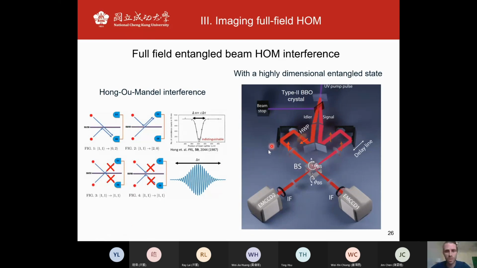I was in Glasgow, but it was in collaboration with people in France. What we've tried to do is to demonstrate Hong-Ou-Mandel interference, which is really a two-photon interference. The way it works is that you've got a beam splitter, and two beams of light that each contain a single photon.